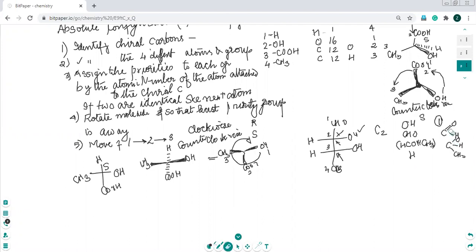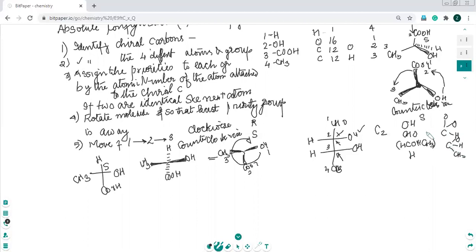So here is 1 oxygen and a second oxygen, considered as 2 single bonds. Now see, you have 2 oxygens here, you have only 1 oxygen here.